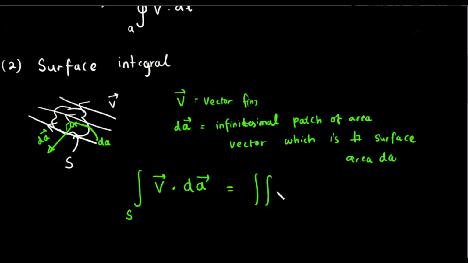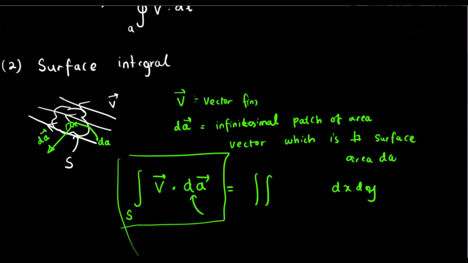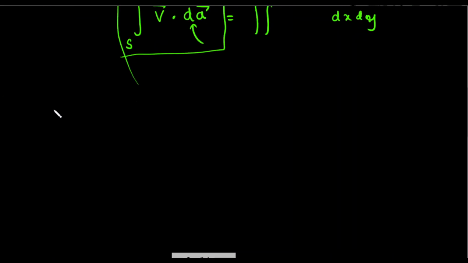Just like in a Cartesian coordinate system you will have dx and dy, you will have to integrate 2 times, with respect to x and with respect to y. So this is the basic definition of the surface integral. Now finally we are going to look at the volume integrals.